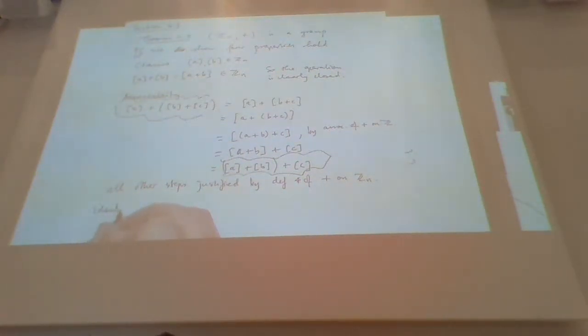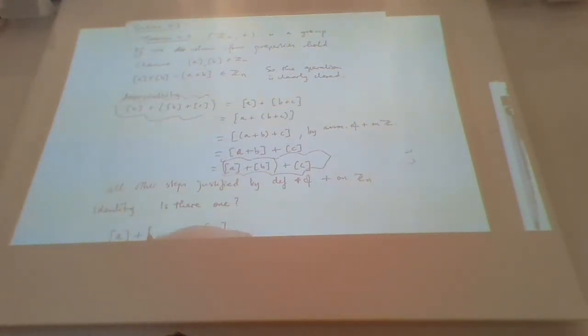Identity. Is there one? What's the identity? What we're looking for is some congruence class that when you add it to another congruence class, it gives you back the same congruence class.